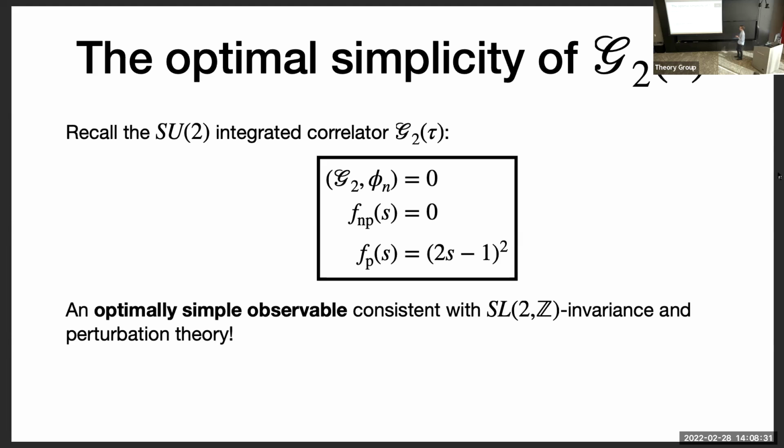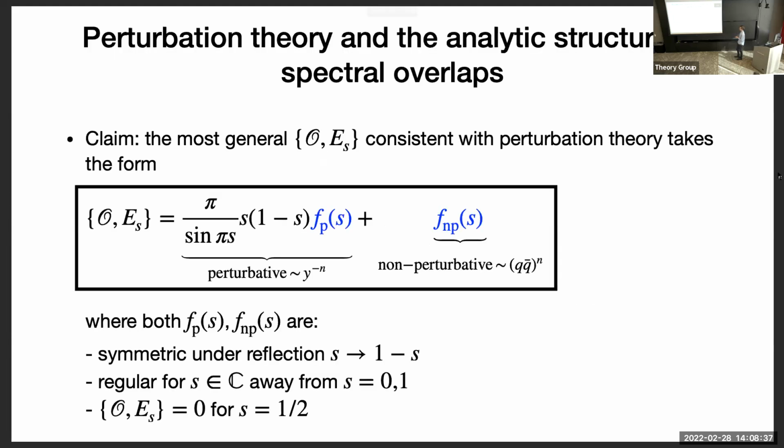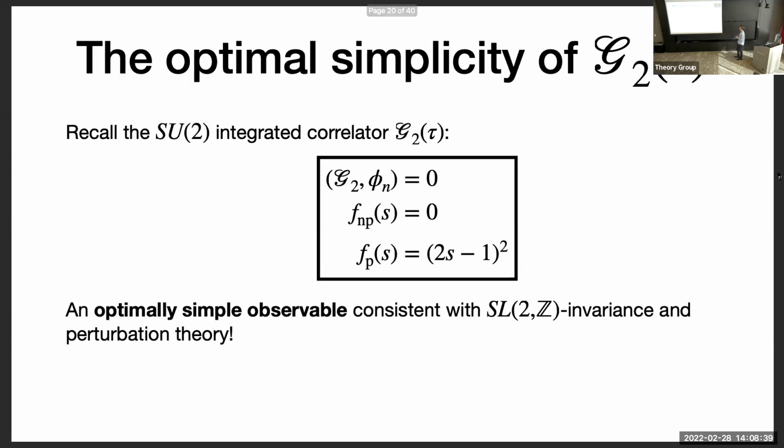That's true for all n. And the perturbative part was the simplest thing consistent with these constraints that I wrote down here. It's this quadratic polynomial in s. We had no reason to expect this a priori, but this integrated correlator for SU(2) is, in a kind of precise sense, an optimally simple observable that's consistent with SL(2,Z) and the structure of perturbation theory.